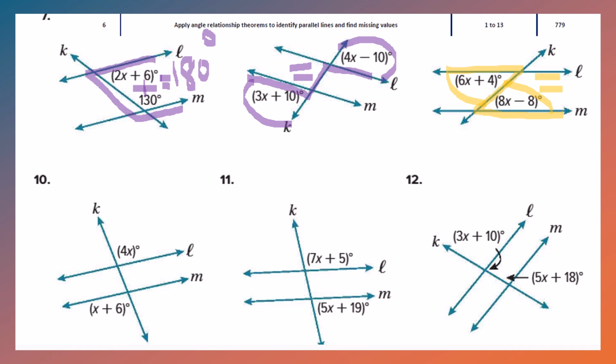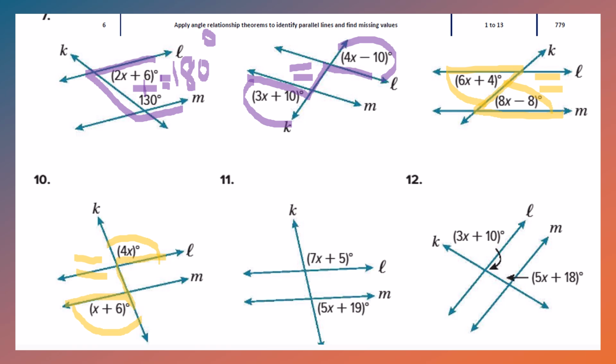If they are equal to each other, then we know line L is parallel to line M. Number 10. Number 10 is alternate exterior angles. Once again, you got to prove that they are equal to each other. If they are, then line L is parallel to line M.